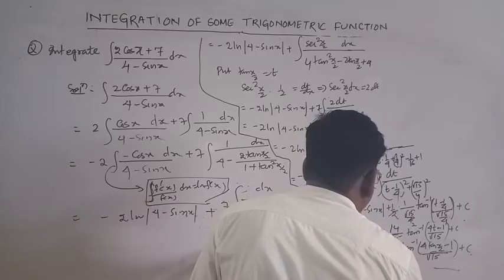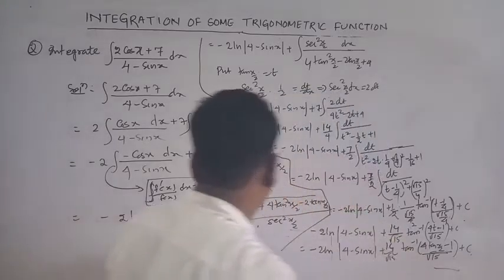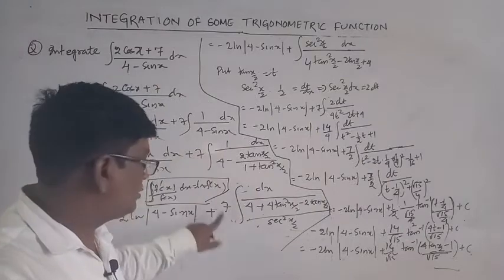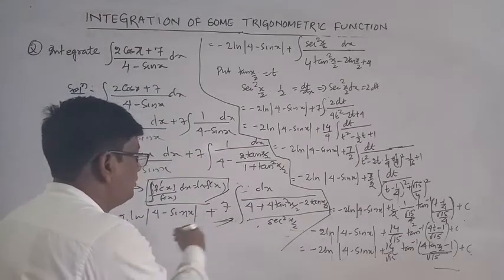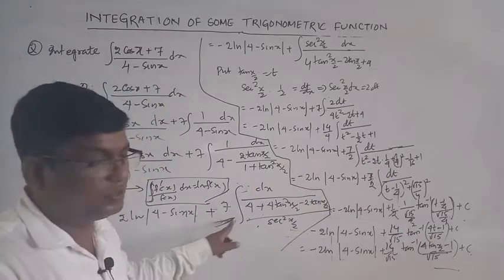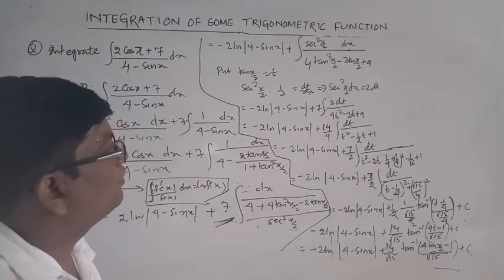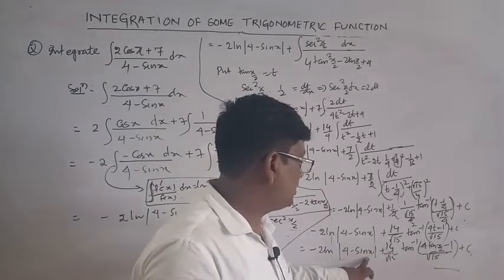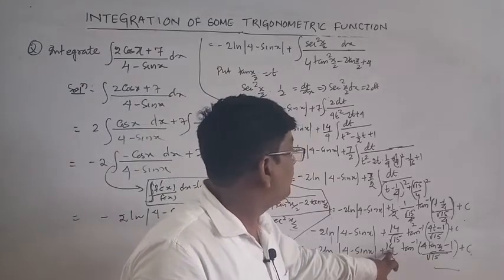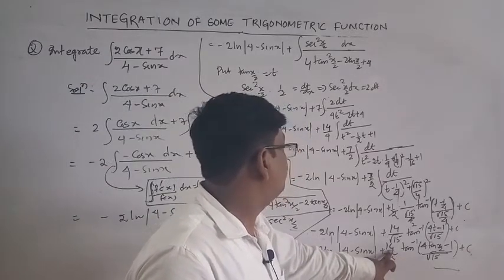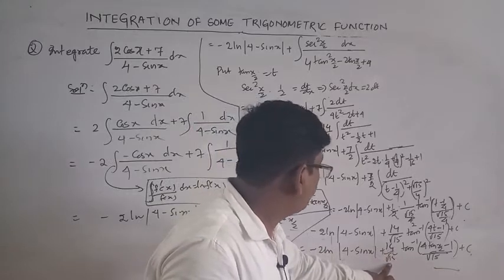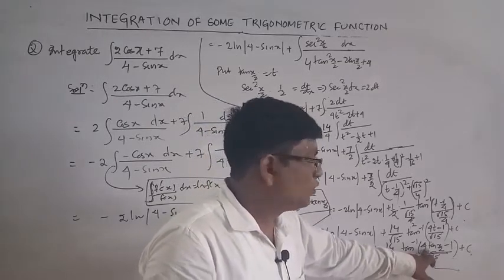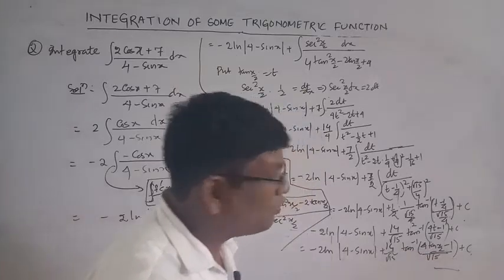So the final answer: here 7 is left, I left the 7 in this place, so correct it. Now the answer is minus 2 ln 4 minus sin x, 14 by root 15 tan inverse 4 tan x by 2 minus 1 divided by root 15. Clear?